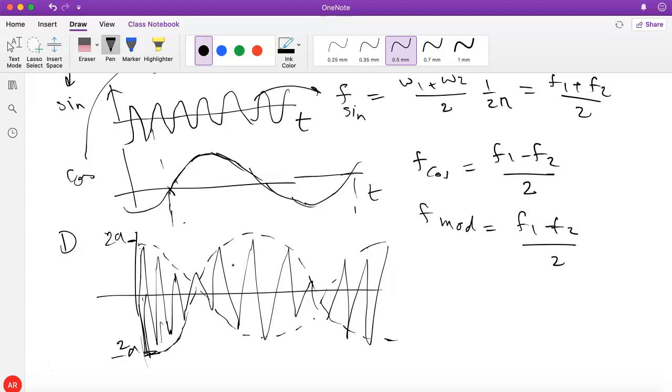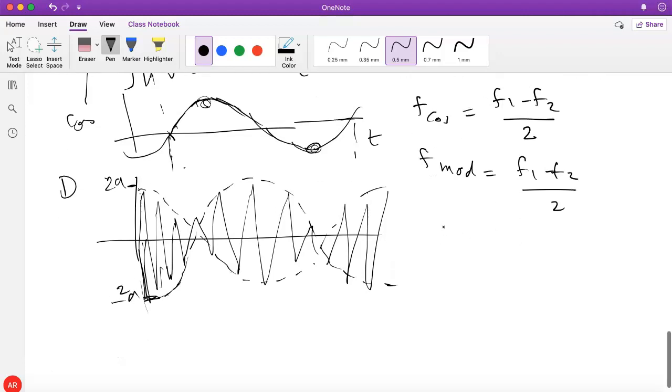Now, we're going to hear beats. We're going to hear a loud sound over here and over here, right? So for one full period of this cosine term, of the low frequency factor, we're going to hear 2 beats. So the frequency of the beats we hear must be twice that, 2 times f modulation.